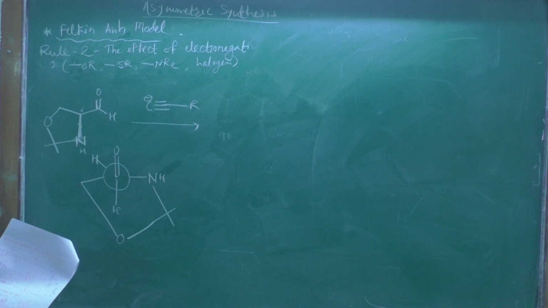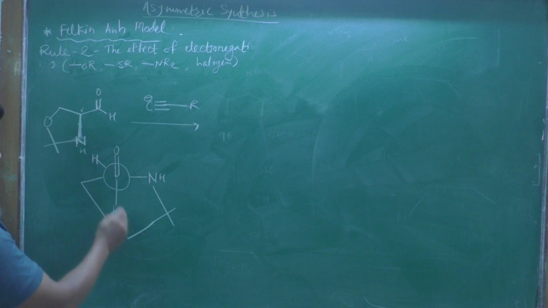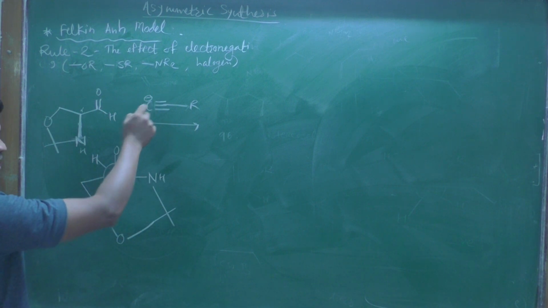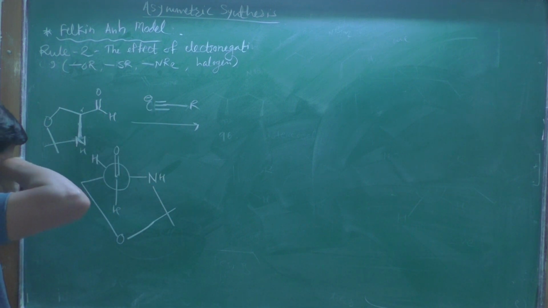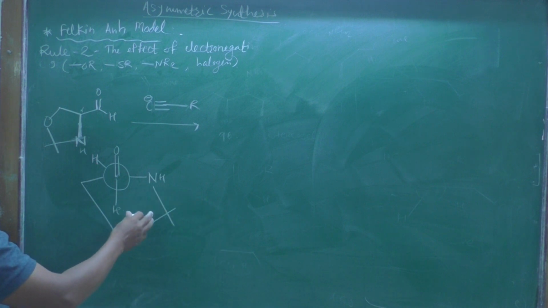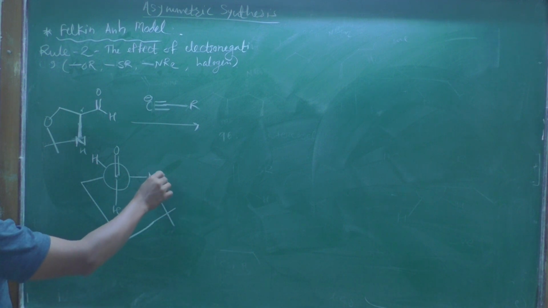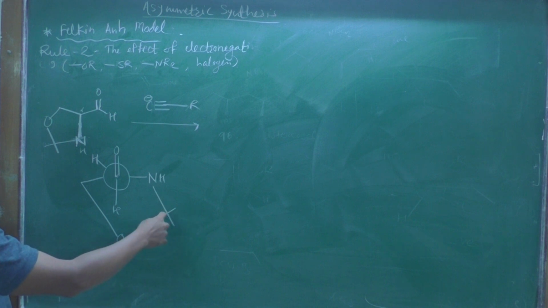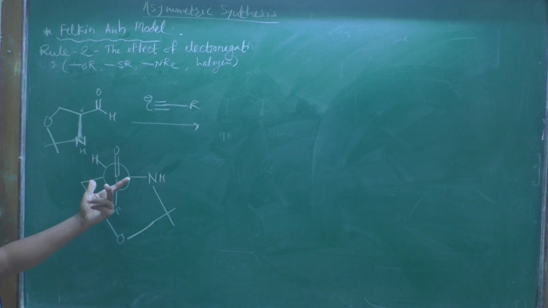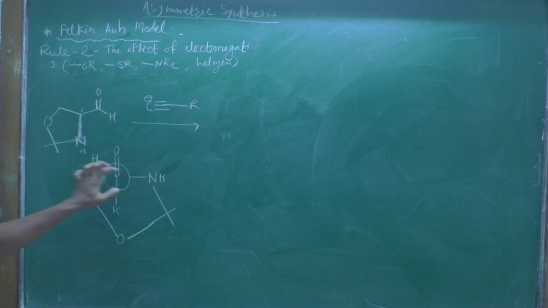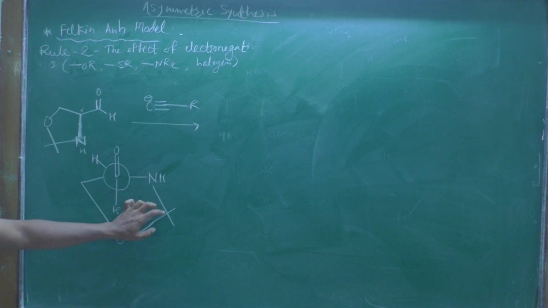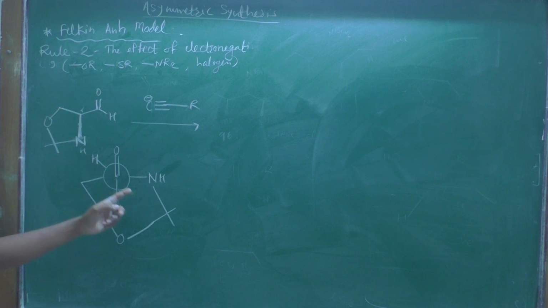Now as this is a carbonyl carbon, our nucleophile is this carbon nucleophile, the alkynic carbon. So when we attack from this side, steric hindrance may happen, and that's why rotate this by 180 degrees. So this NH will come here, this carbon atom will go here, this hydrogen will come here.